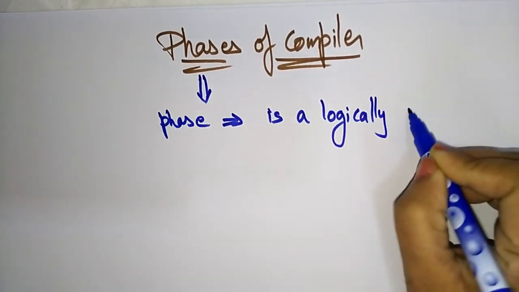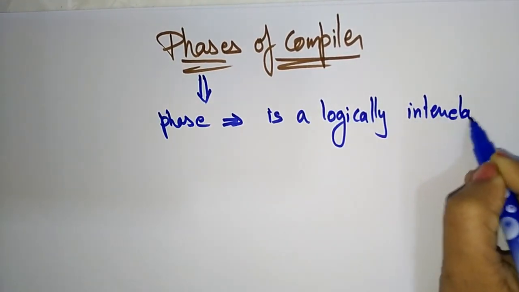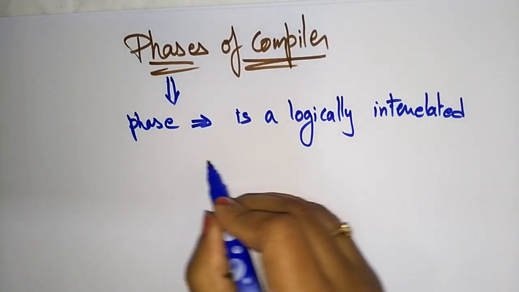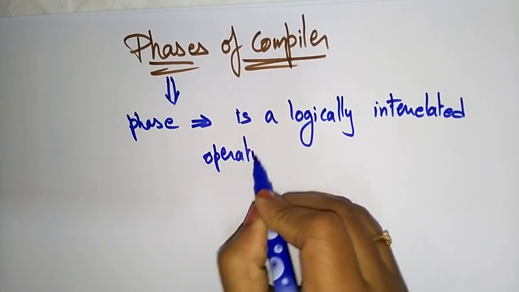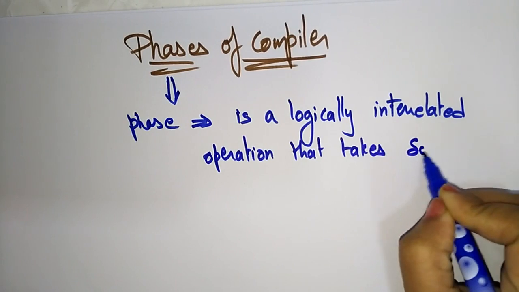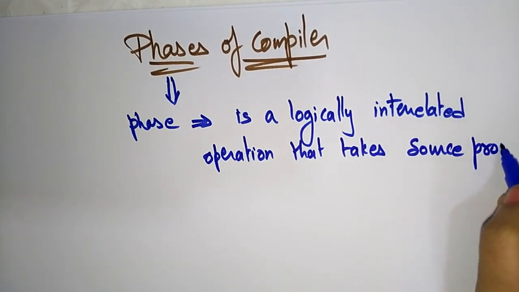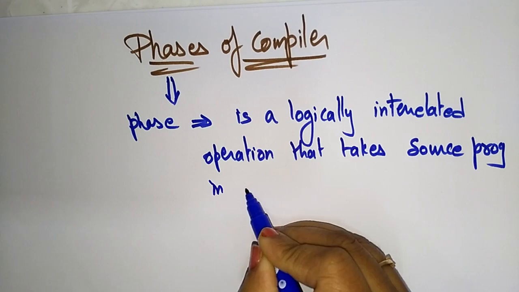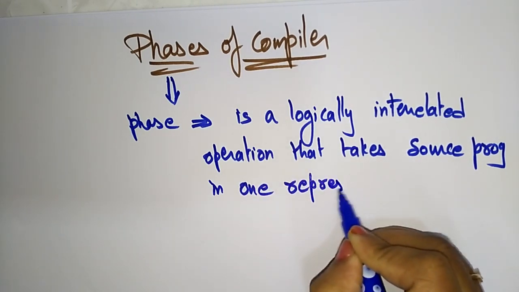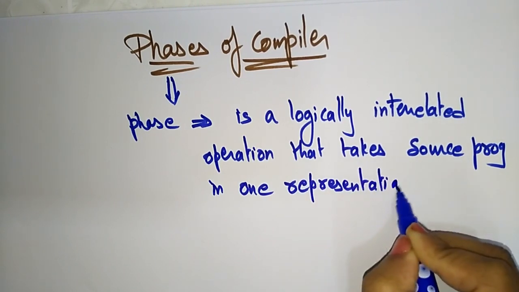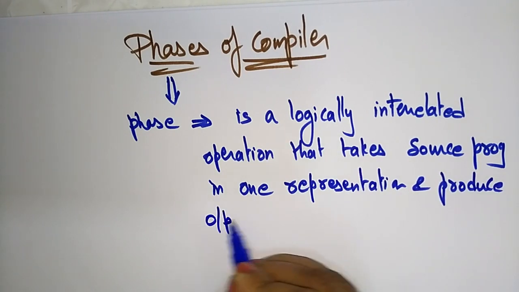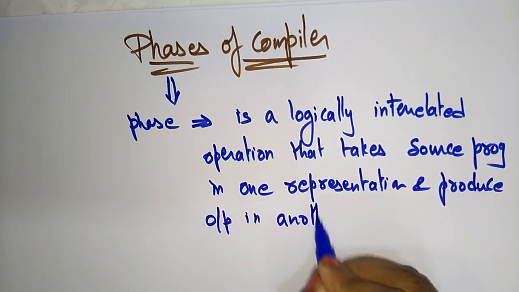logically interrelated set of operations that takes the source program in one representation and produces output in another representation.